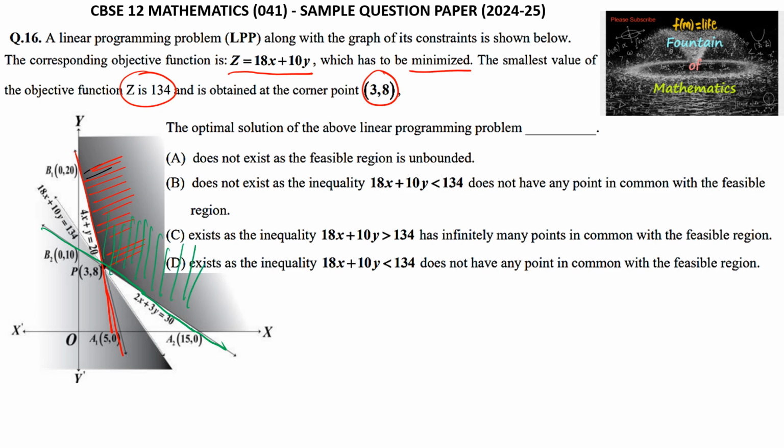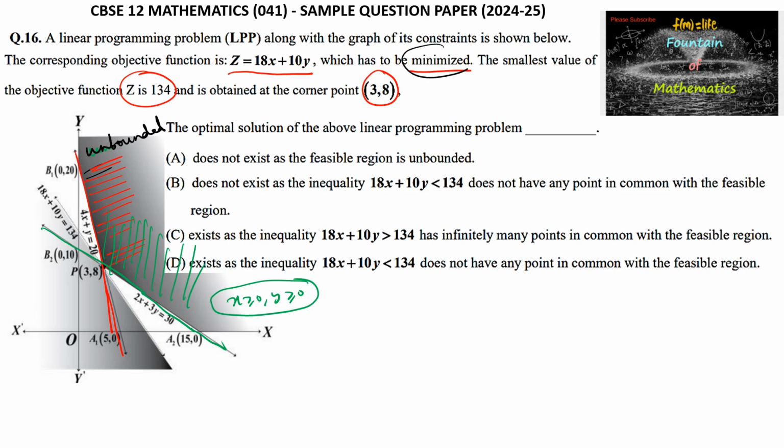And in the first quadrant, x is greater than or equal to 0 and y greater than or equal to 0. Since the feasible region is unbounded, so we need to consider the profit function, this 18x plus 10y.